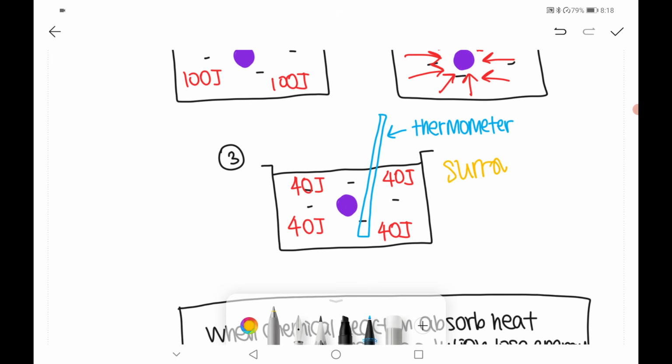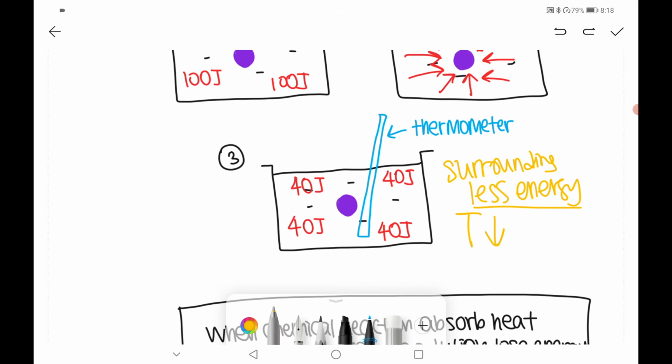So when the surrounding has less energy, the temperature will go down. Surrounding has less energy, surrounding has lower temperature. That's it, a simple concept. More energy, temperature increases. Less energy, temperature decreases.